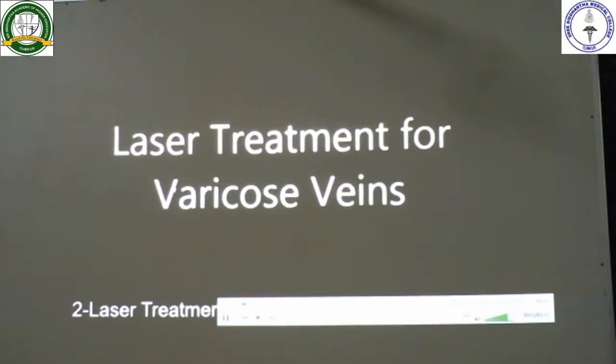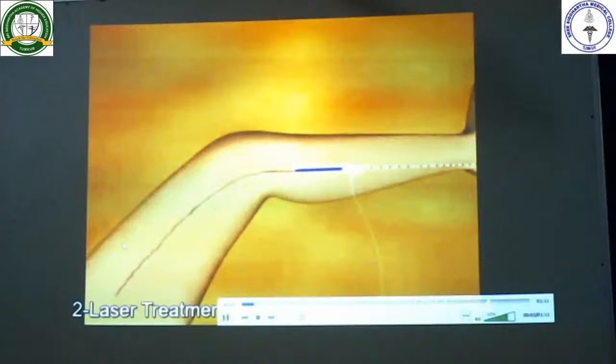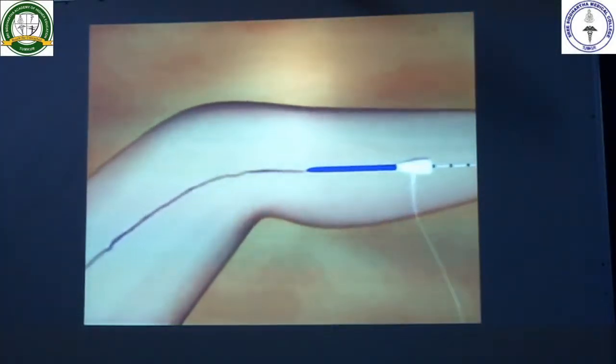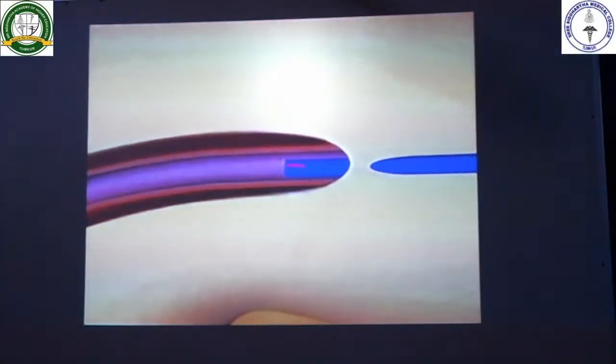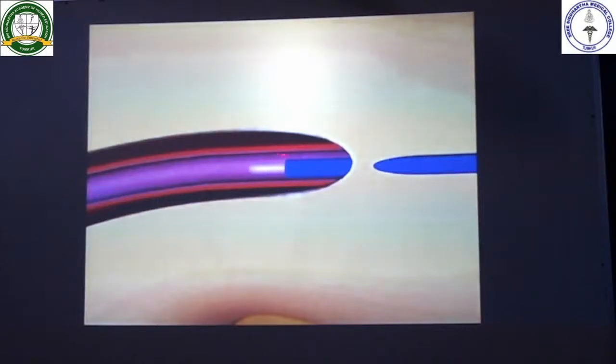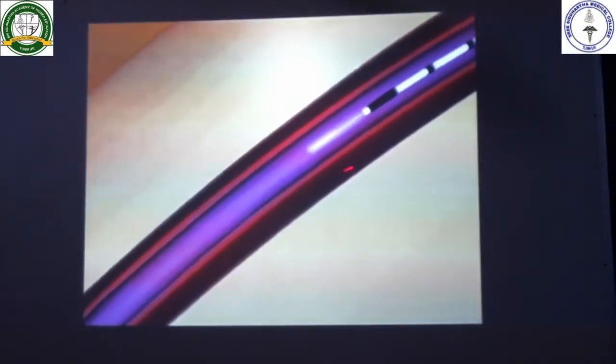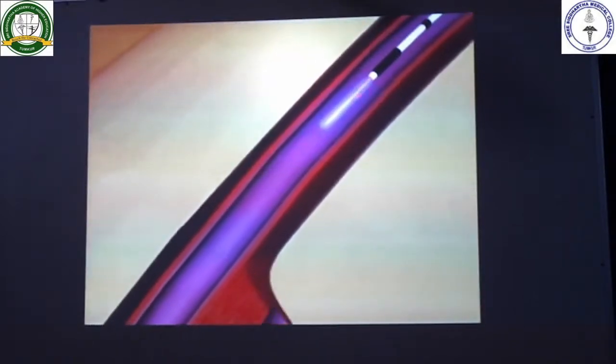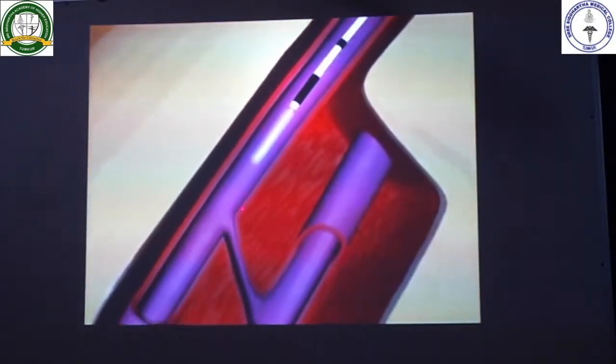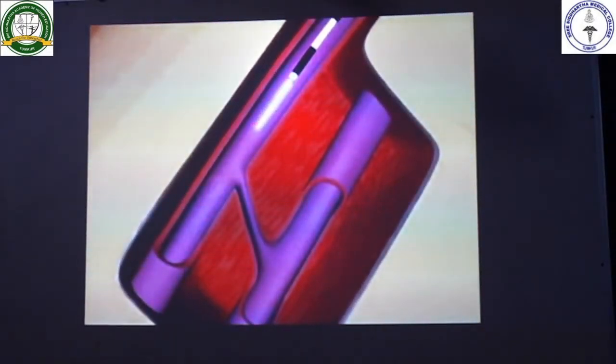And this video also shows endovascular laser ablation. First they will cannulate the vein, then they will pass the guide wire, and over the guide wire again they will pass the laser probe. So this is the laser probe.